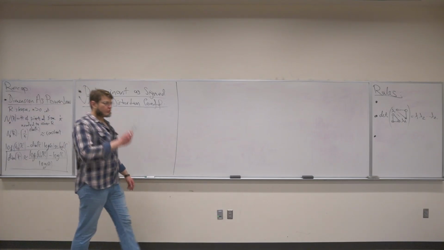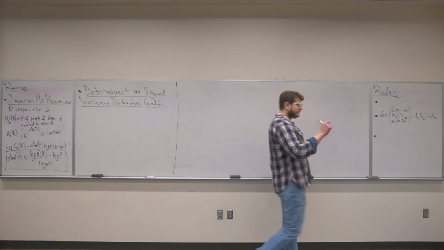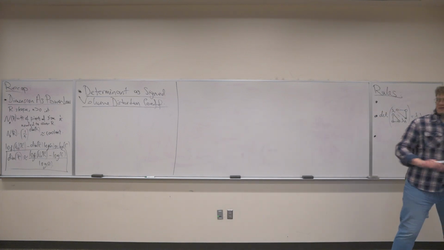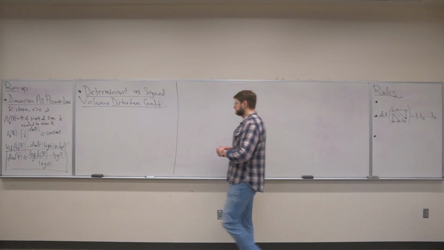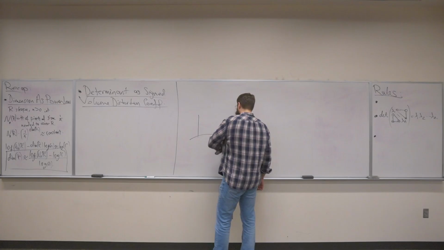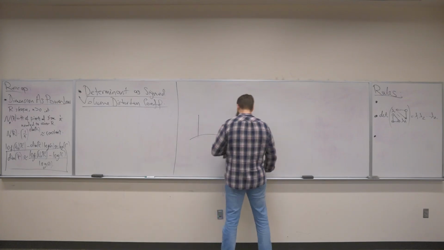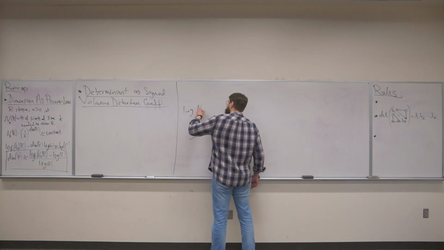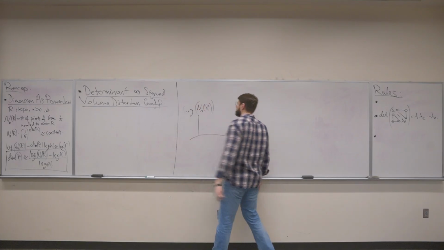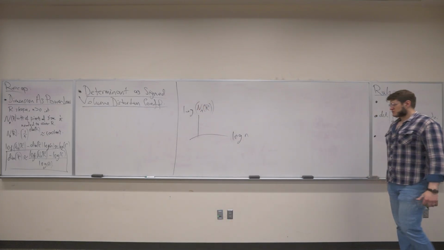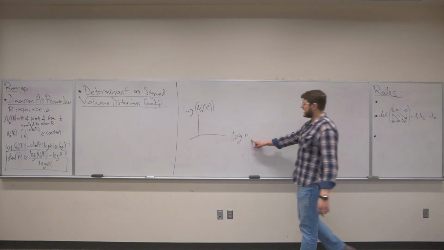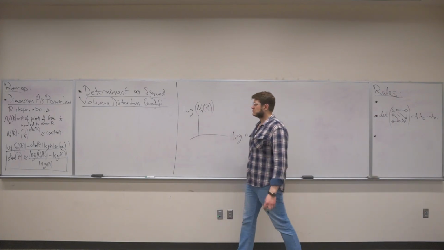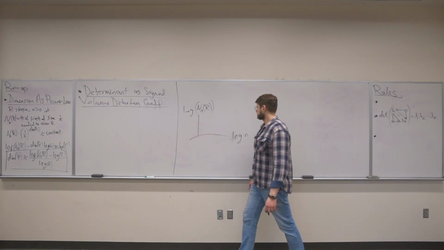As n goes to infinity, your pixels shrink, which means your resolution goes to infinity. And so you draw log n here, log N sub n of R here. The larger the n is, the more pixels you're going to need.